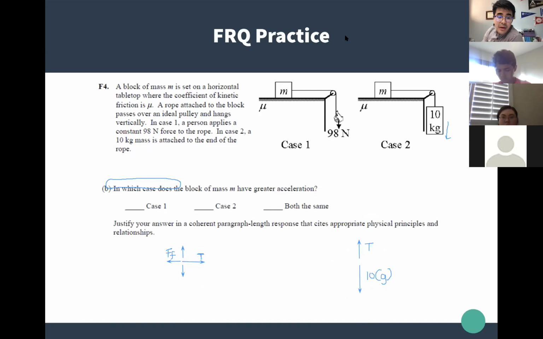Okay. And now this case, right? In which case does the block of mass M have greater acceleration? Is it the first case? Is it the second case? Or is it both?